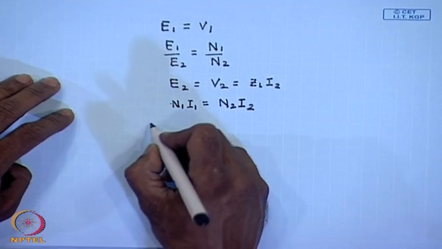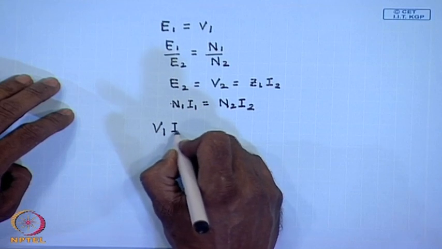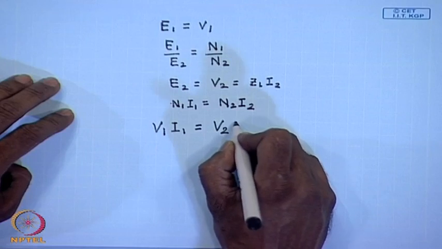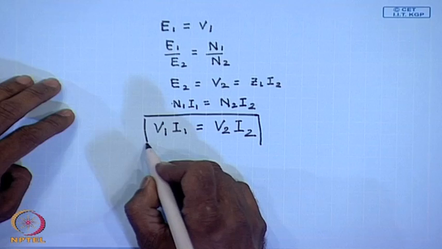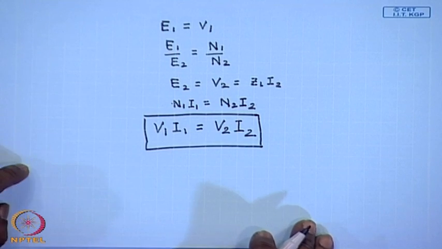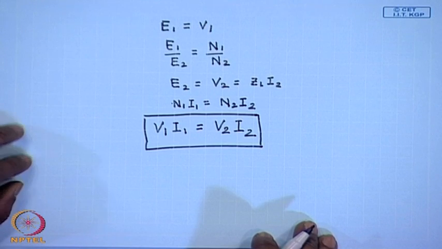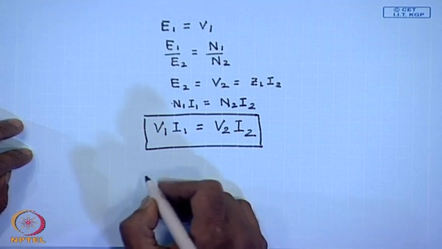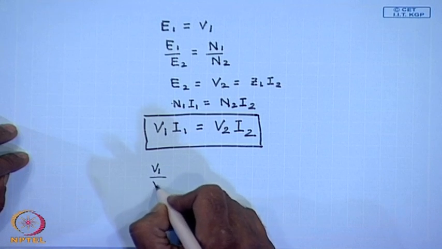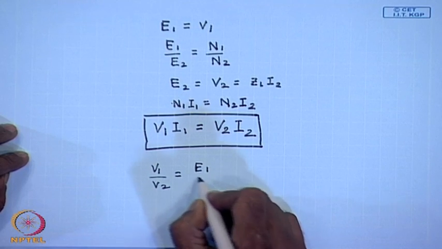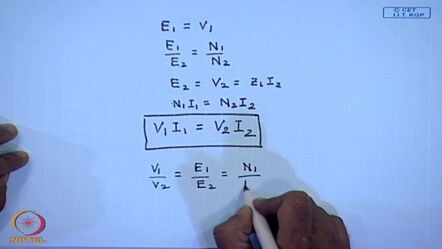In other words, from this relation we can show V1 I1 equal to V2 I2. That is, an ideal transformer is a pure energy converter whose input VA is always equal to the output VA, and the voltage and current are transformed by the turns ratio, that is V1 by V2 equal to E1 by E2 equal to N1 by N2.